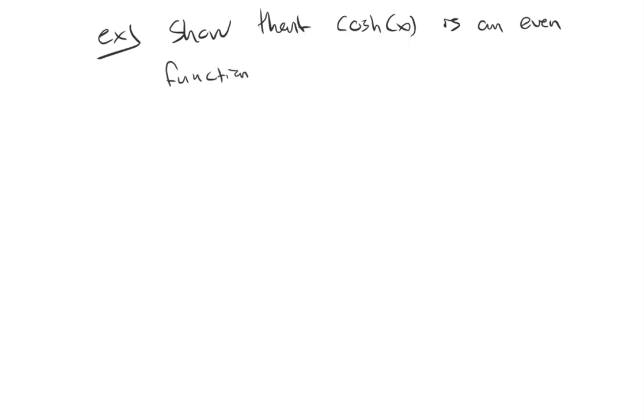And we'll recall that an even function satisfies the property that hyperbolic cosine of x is equal to hyperbolic cosine of negative x. Okay? So that would just be symmetry about the y-axis.